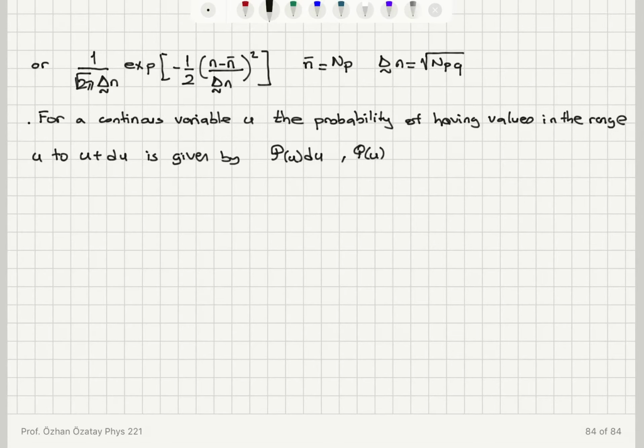This function is the probability distribution function, PDF.